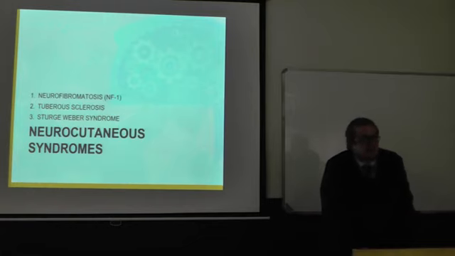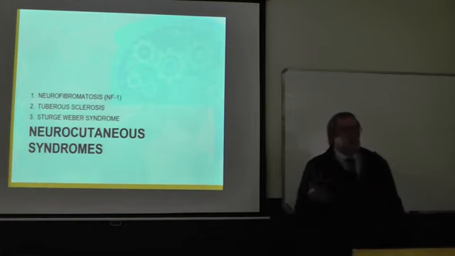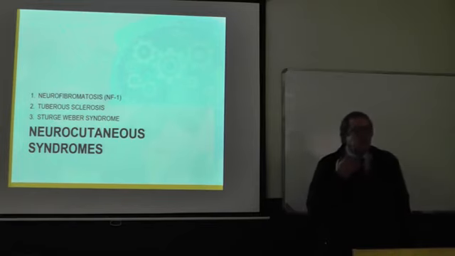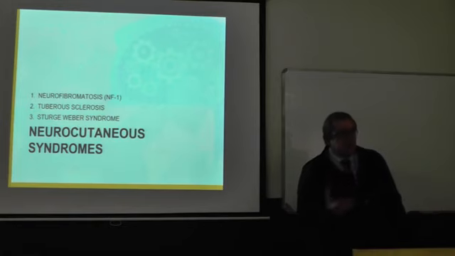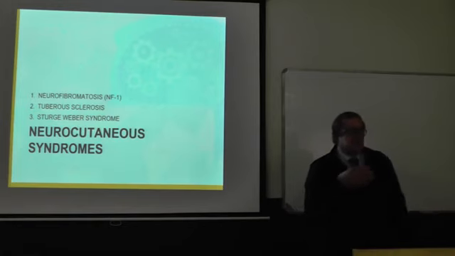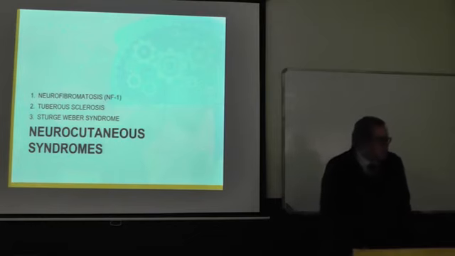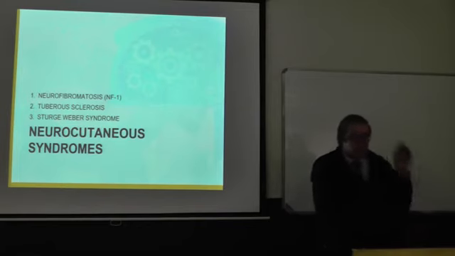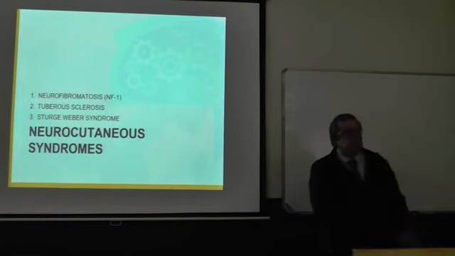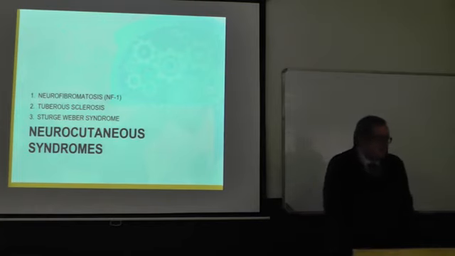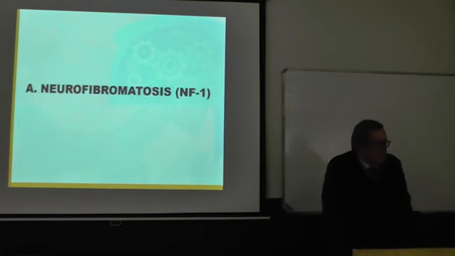So, the skin markings of a specific neurocutaneous syndrome would then often be a marker of something wrong with the central nervous system. So, I'm just going to show you the most common ones: neurofibromatosis type 1, type 2, or the type that's associated with bilateral acoustic neuromas, tuberous sclerosis, and Sturge-Weber syndrome.